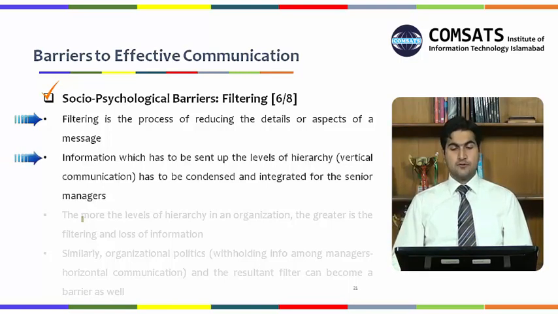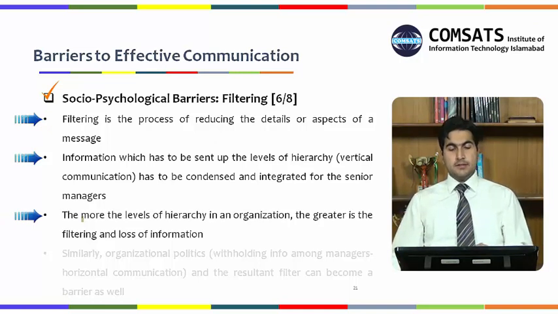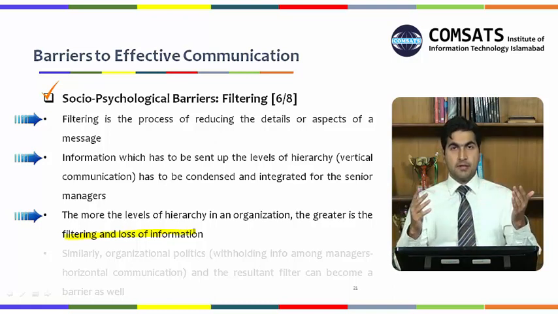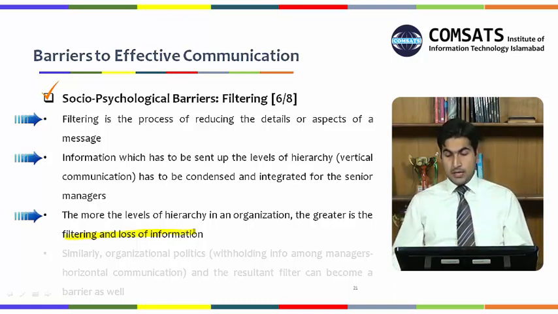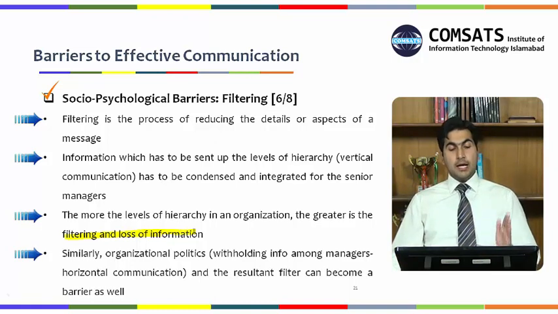Information which has to be sent up the levels of hierarchy to reach the managers, the higher authorities, the executives, has to be condensed and integrated to give the senior managers the gist. But the more levels of hierarchy, the greater the filtering and the loss of information, because naturally while it is going up, it is becoming shorter and shorter. So there are many things which are coming out and moving ahead. On one hand, of course, it's becoming a barrier.